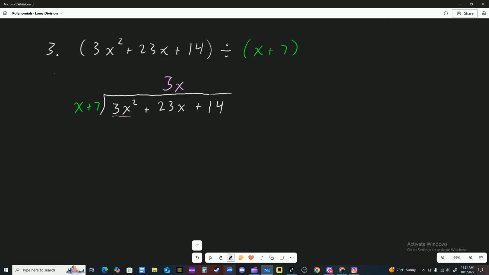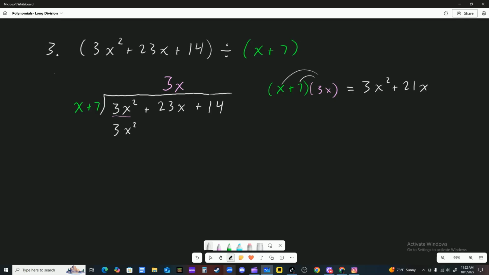Right? Yes. Because then I have x plus 7 times 3x, and that gives me 3x squared plus 21x, just like that. Cool. So let's write that down. So we have 3x squared plus 21x. Let me get rid of this underline right here.